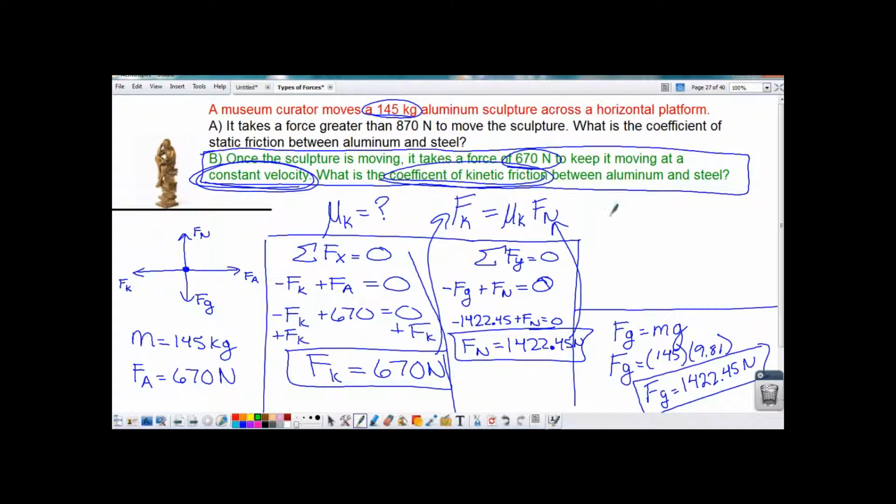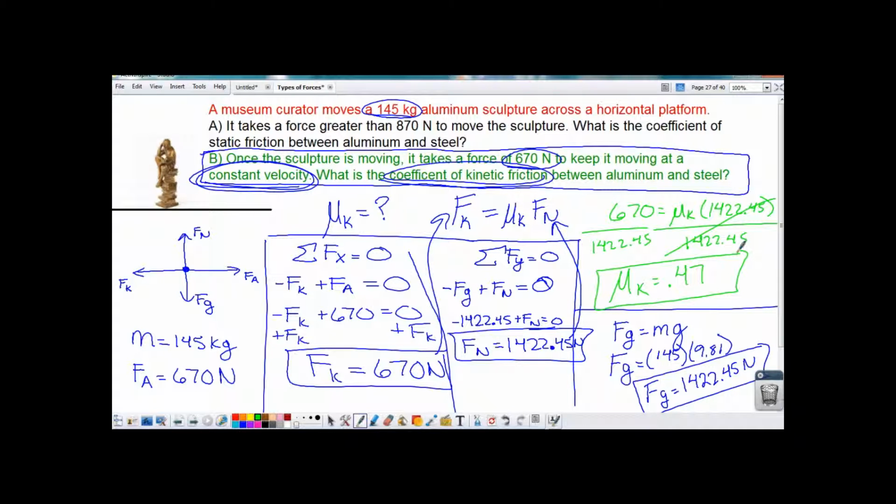So 670 is equal to the coefficient of kinetic friction multiplied by our normal force, 1,422 and 45 hundredths. Divide both sides by 1,422 and 45 hundredths, and we will get the coefficient of kinetic friction is 0.47.